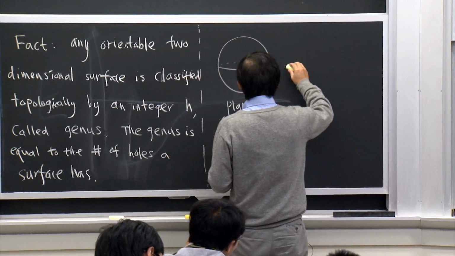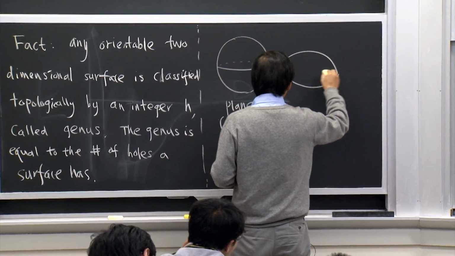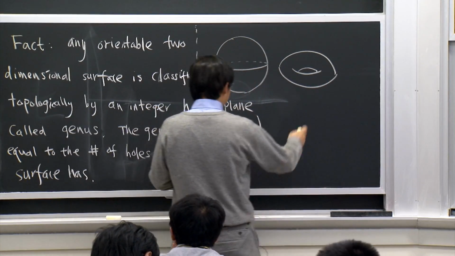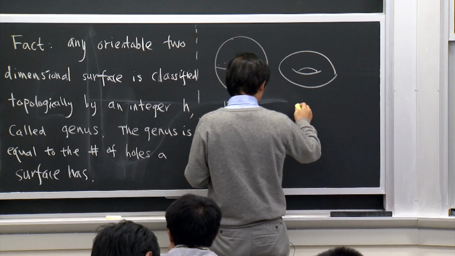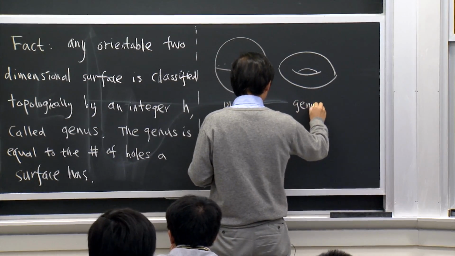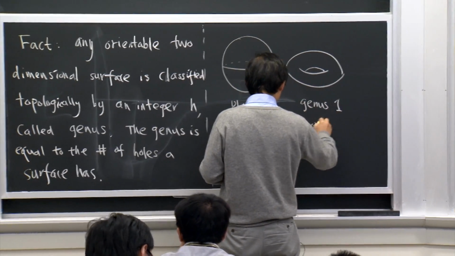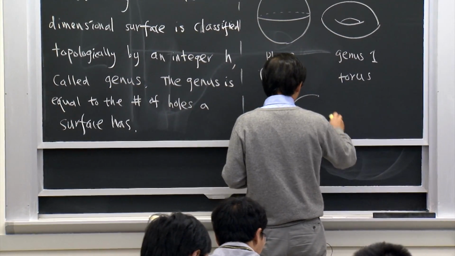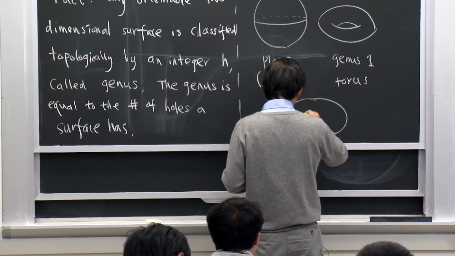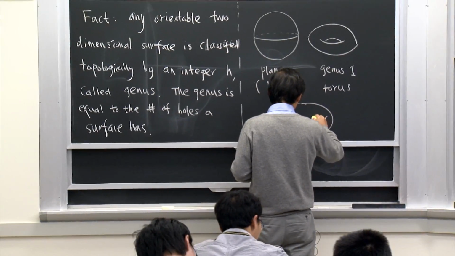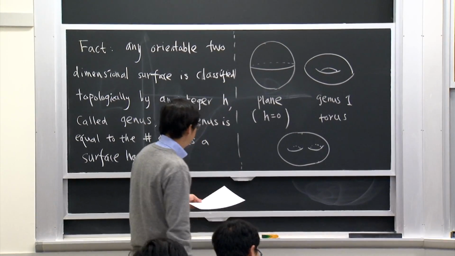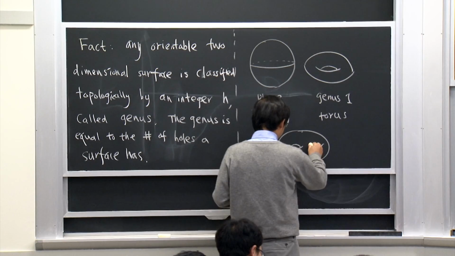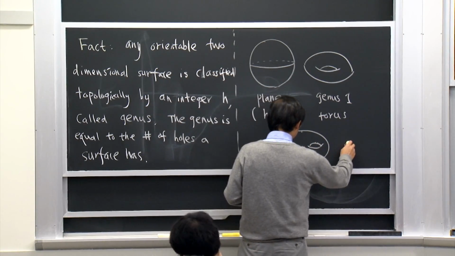And then for the torus, there's one hole, so this is genus 1. You can also draw surfaces with as many holes as you want. Say this is a surface with 2 holes, and so this is genus 2.